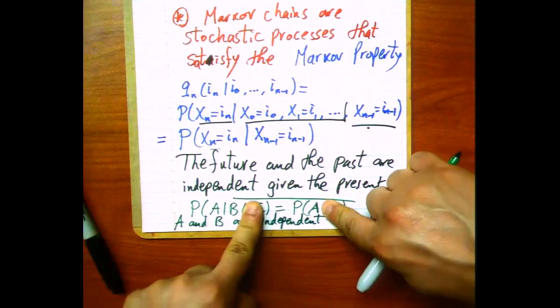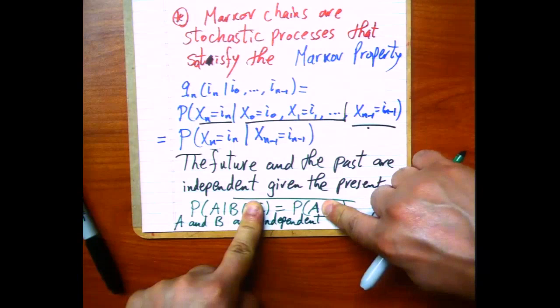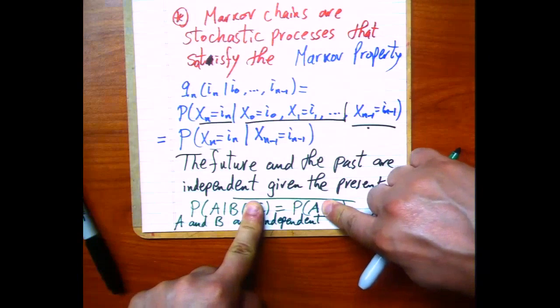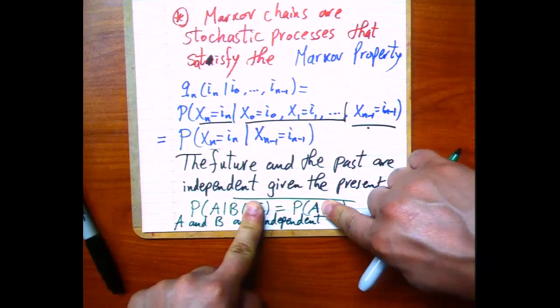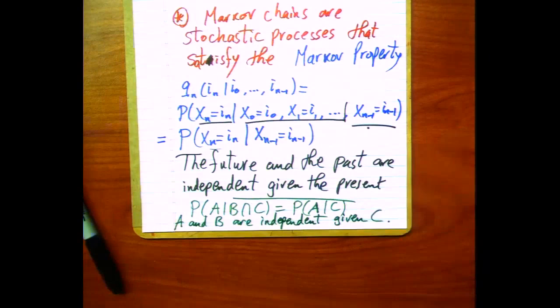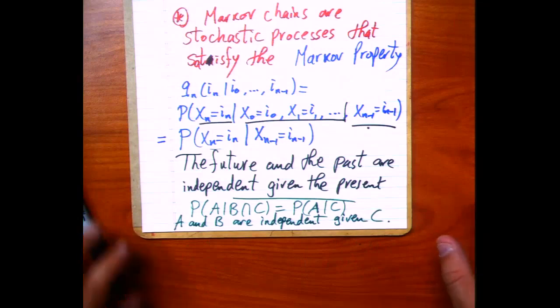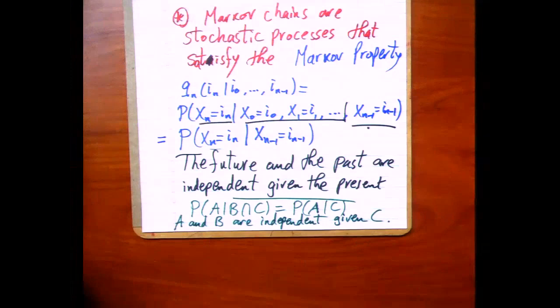Probability of A given B is equal to probability of A if A and B are independent. That's from baby probability, right? If you have A and C, then we say it's conditionally they are independent. They are independent, but given another one, okay? Given C. Clear so far? Any questions?